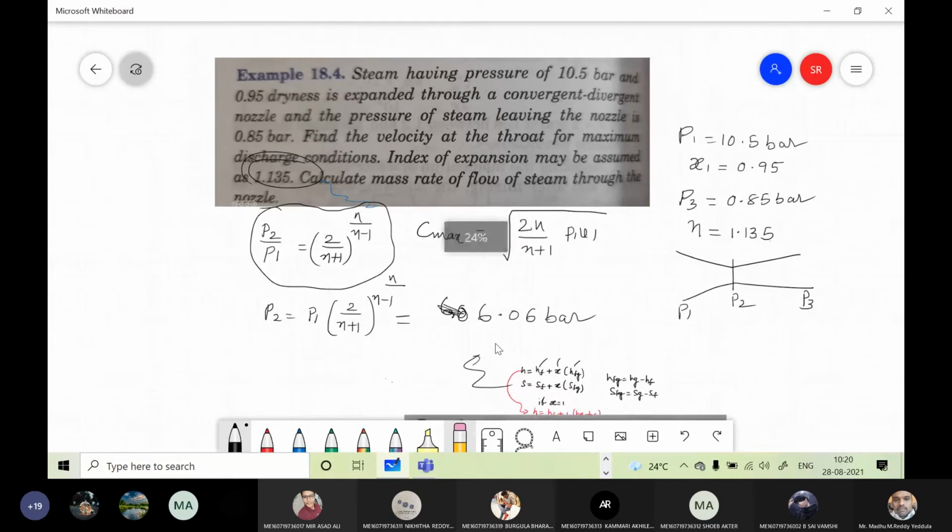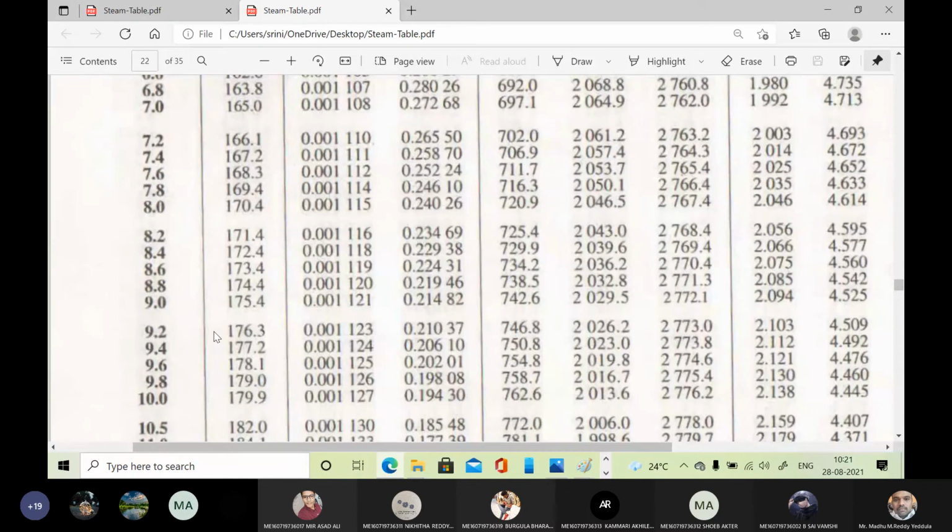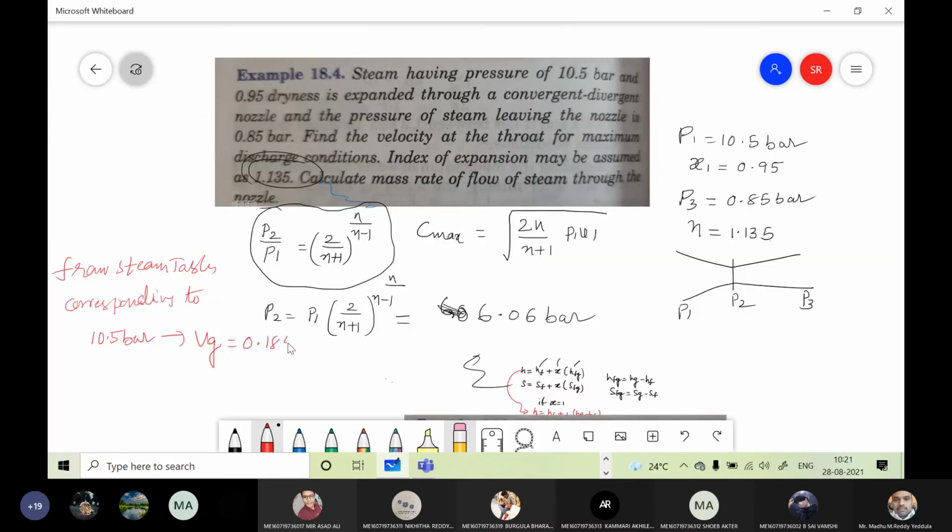So from steam tables, corresponding to 10.5 bar pressure, VG is equal to 0.185 meter cube per kg. It is specific volume per mass.